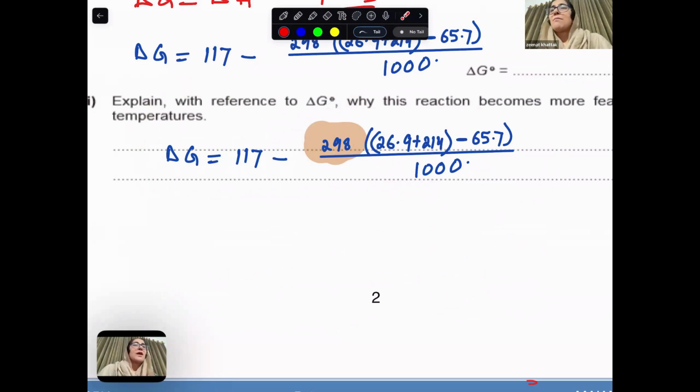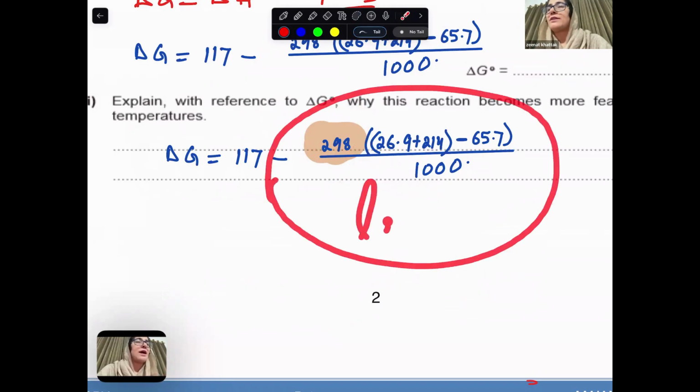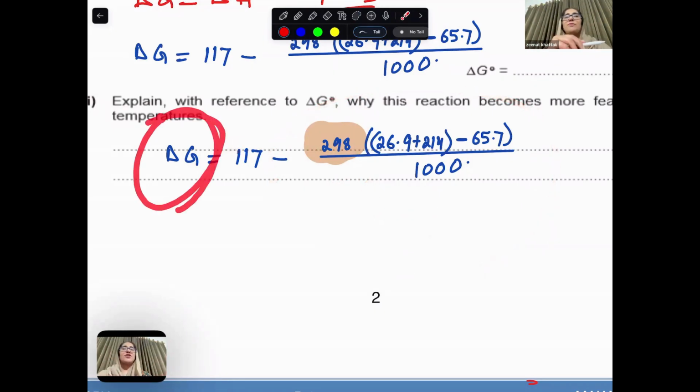See, the more the temperature, this whole negative factor becomes large as compared to this positive. The delta G would be negative.